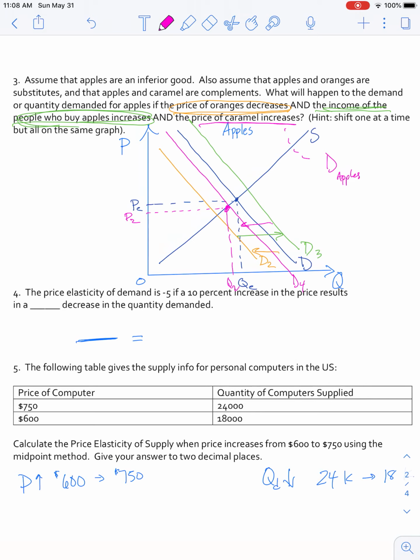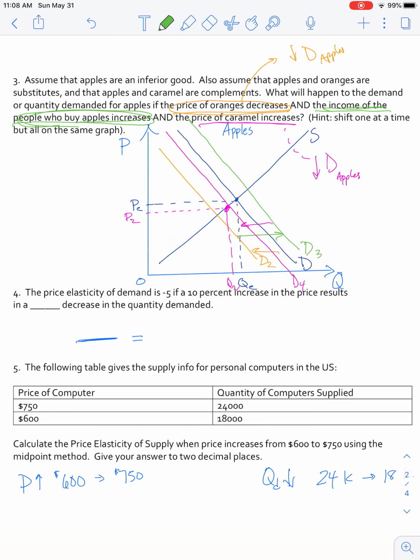And that if then the price of oranges goes up, that similarly leads to a decrease in the demand for apples. I didn't label this, did I? Decrease in the demand for apples.